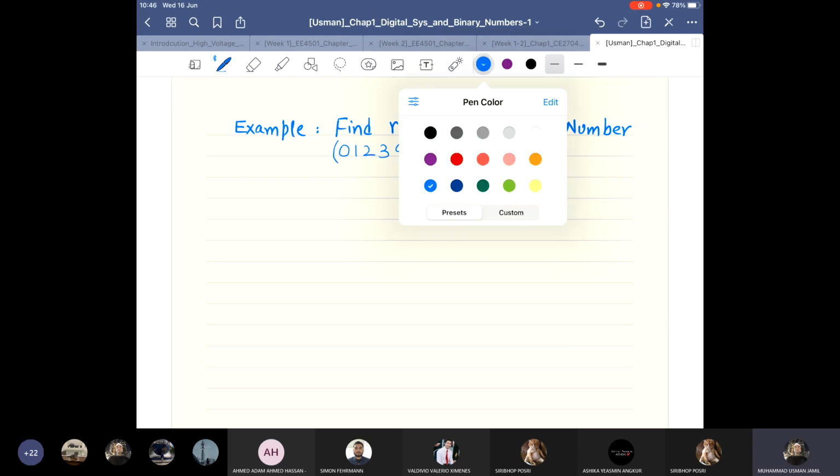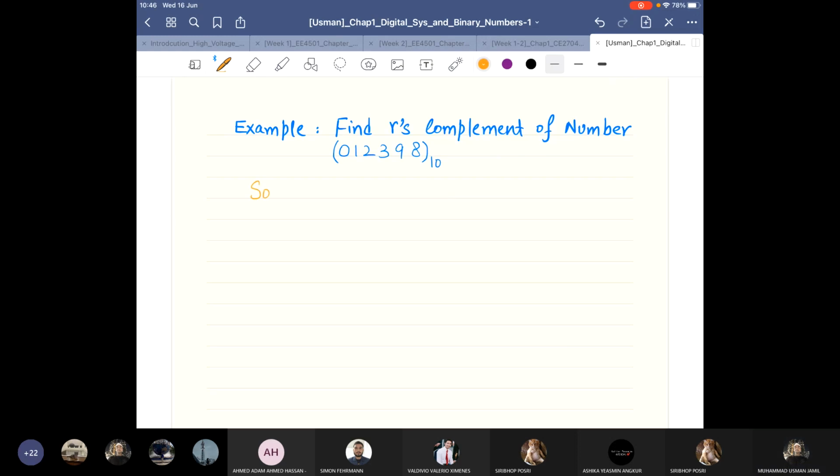Now the solution for this one: first, how many digits n do we have? We have 1, 2, 3, 4, 5, 6. n is 6. Capital N is 0 1 2 3 9 8. So we have this number. Now put it in the formula.